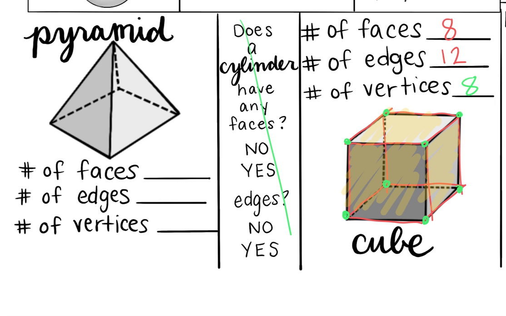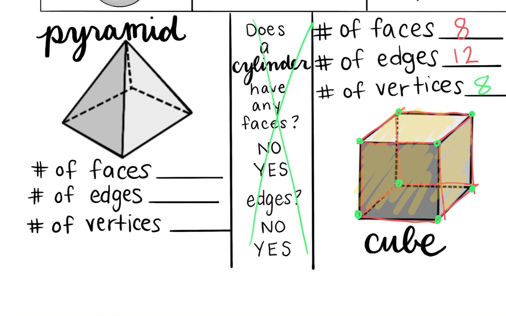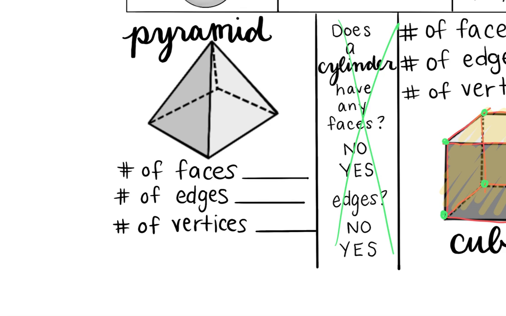Okay, so I'm not going to answer these. But let's do the pyramid. How many faces? Okay, so let's count. I have one face, two faces, three, and then the base, which is four. So we have four faces. Okay, and how many edges?